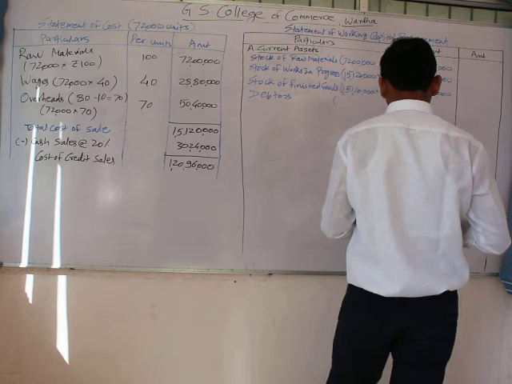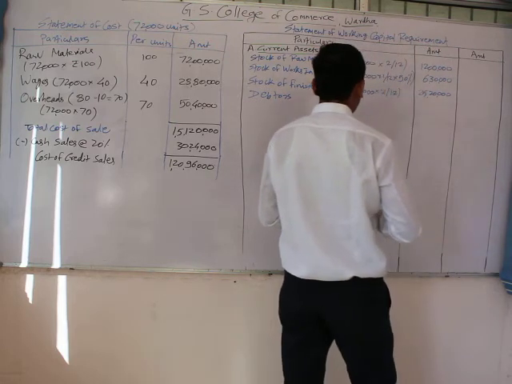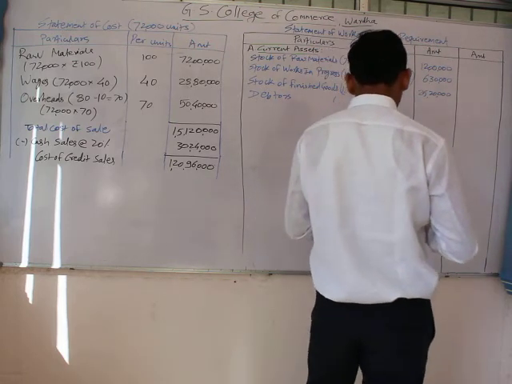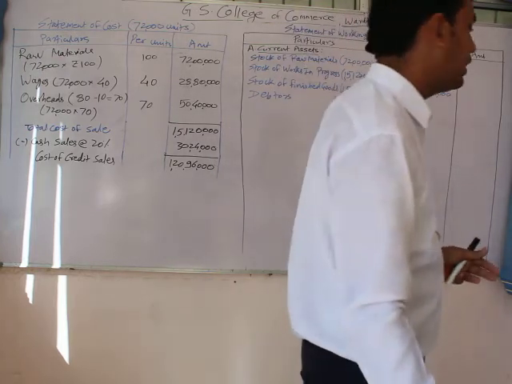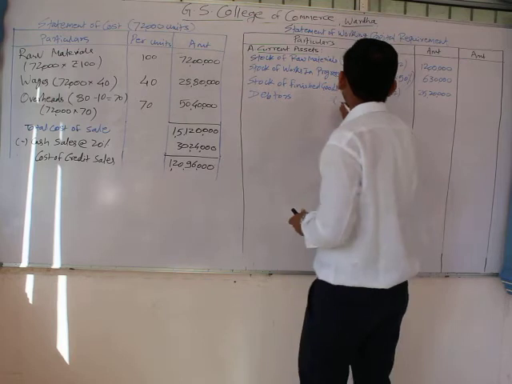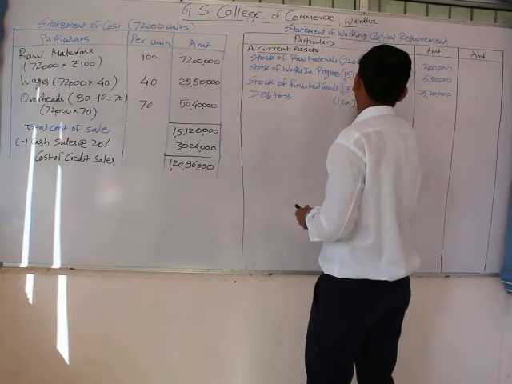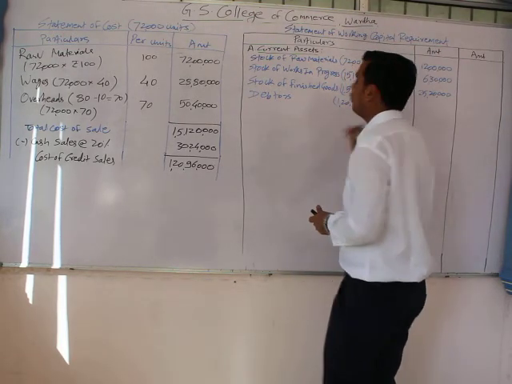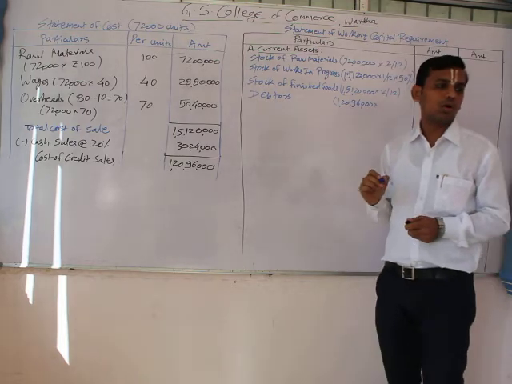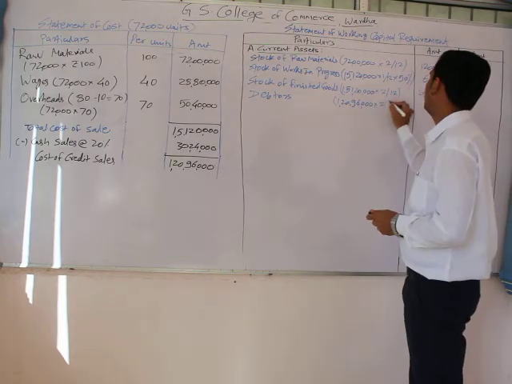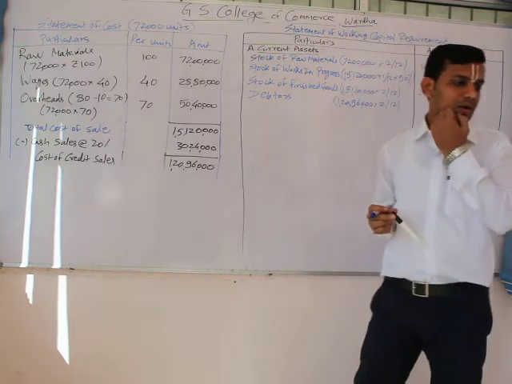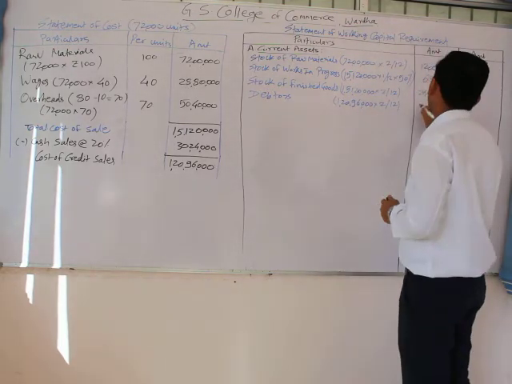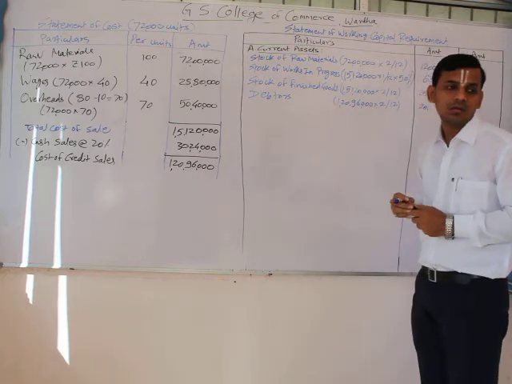We have to take that amount for the purpose of consideration. So we would write it like that: 1,20,96,000. The credit period allowed to our customers was 2 months, into 2 divided by 12. The amount would be 20 lakh 16,000.